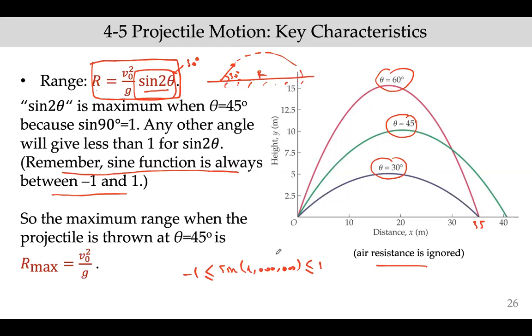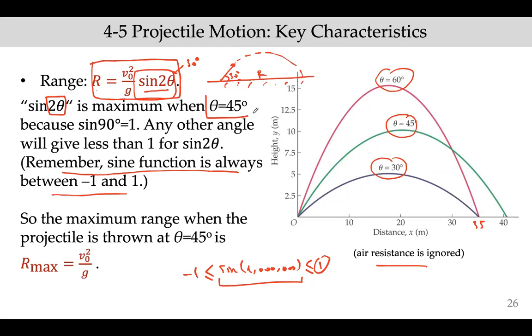Okay, so if I ask you what is the maximum of sine function, then it's 1, right? So when does sine 2 theta become maximum? Well, it becomes maximum when this angle, 2 theta, is 90 degrees. When does it become 90 degrees? Well, it becomes 90 degrees only if I take theta to be 45.